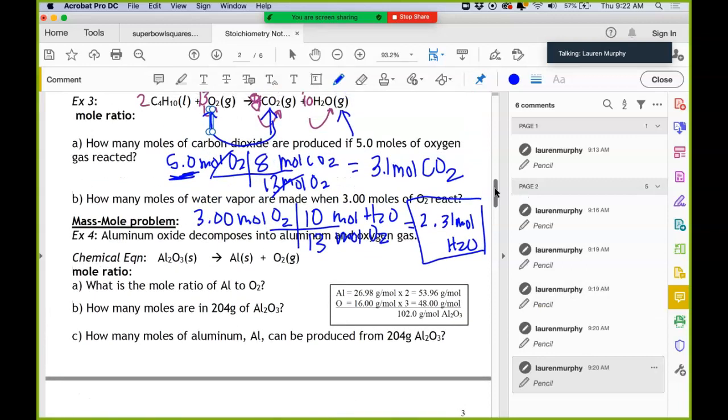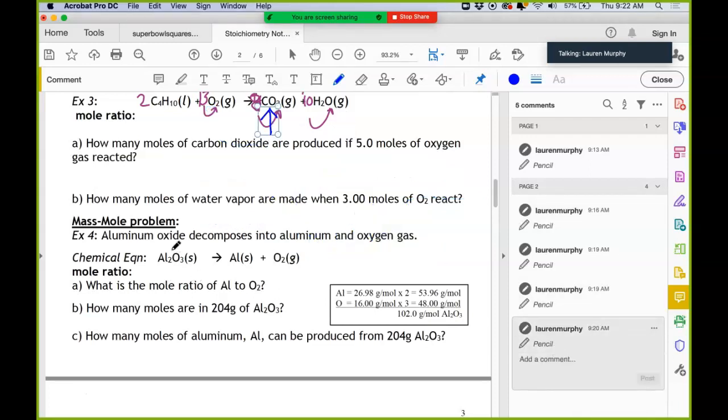So let's do example 4. Aluminum oxide decomposes into aluminum and oxygen gas. The first thing you need to do is balance this, please. I'll give you a second to balance it.